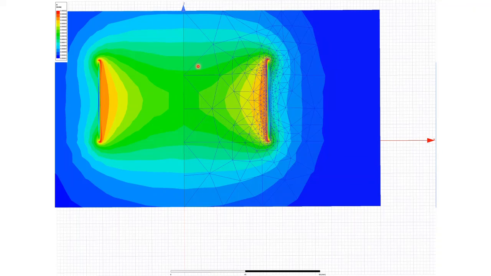Look at the B field for the cross-sectional view. We'll see it's about maybe 0.000016 Tesla.